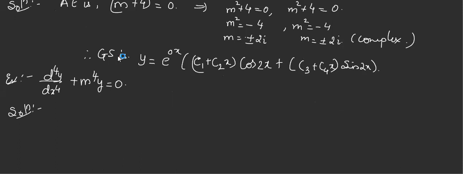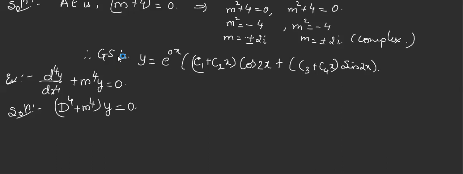Tell me in power of D how we'll get it. D to the power 4 plus m raised to 4 into y equal to 0. Correct? So usually, to write the auxiliary equation, we replace D by m. But from that we'll not get the value because our constant is also m raised to 4. So in this case, I'll not change my D to m. I'll just take it straight away and equate it to 0.